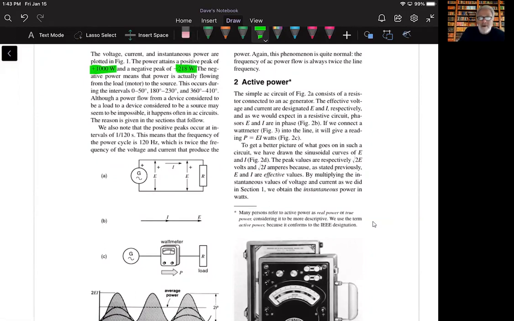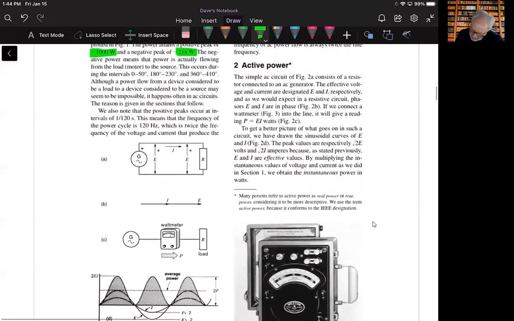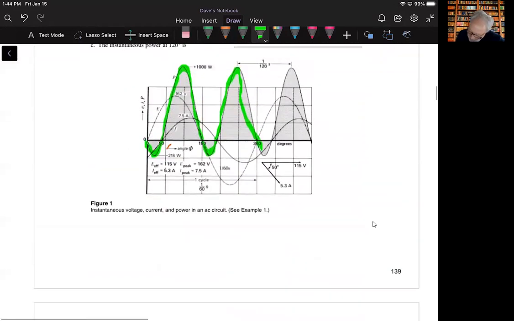Now, wait a minute. How can you have negative power? All right, so here we go. The negative power means that the power is actually flowing from the load, say the motor, back to the source. This occurs at several places in the curve. It happens here from 0 to 150, it happens again starting at 180, and it happens again here.